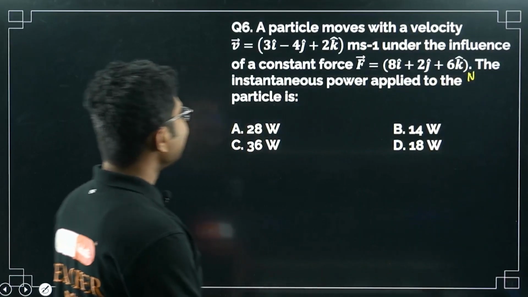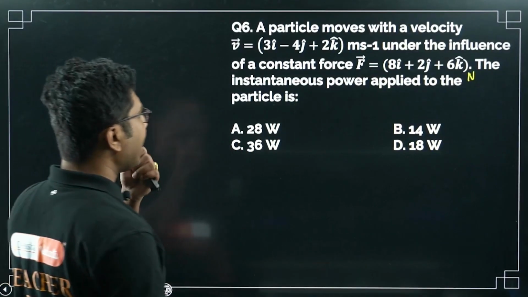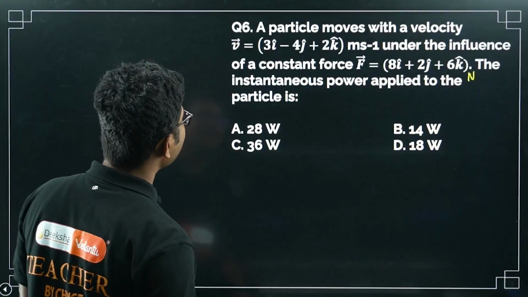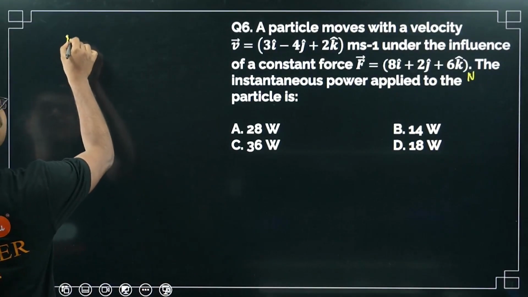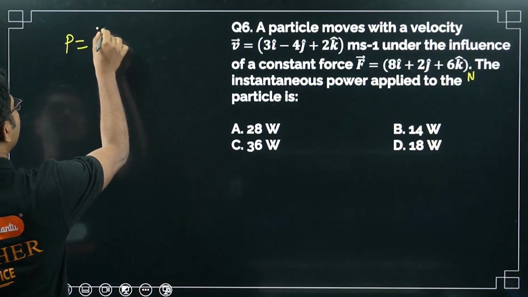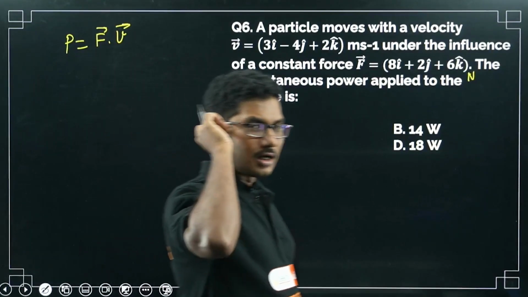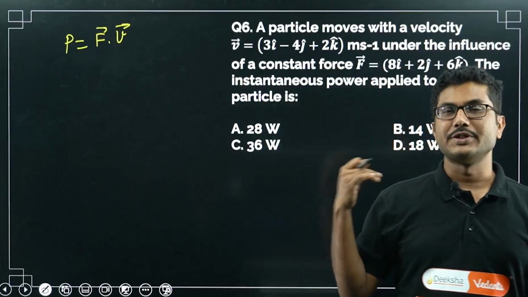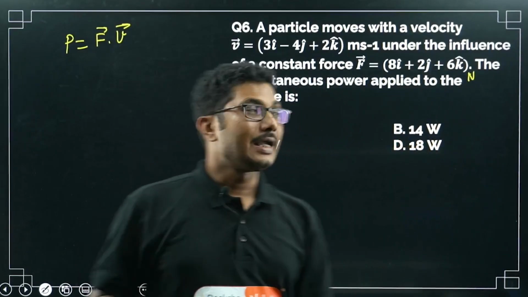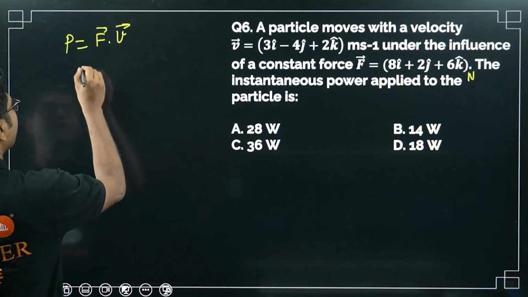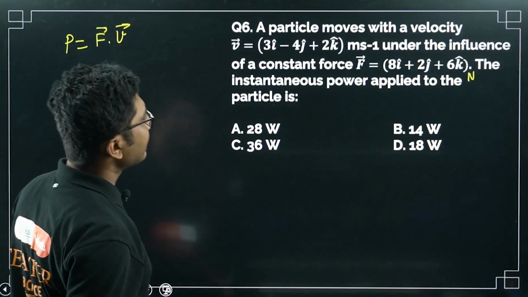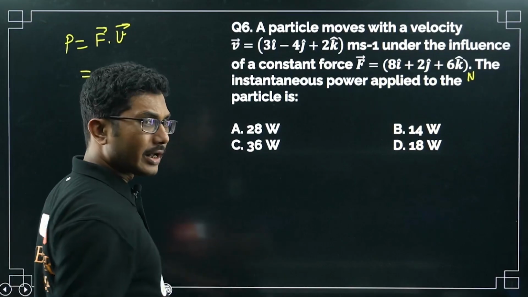What is the instantaneous power applied to the particle? Power is nothing but force dot velocity, right? Work done is force times displacement, F dot S. In case of power, it is F dot V. So let's do that, and dot product is easy.